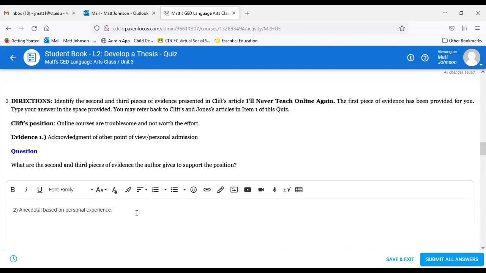So could not help students develop better writing or making arguments. Okay, fix that one.